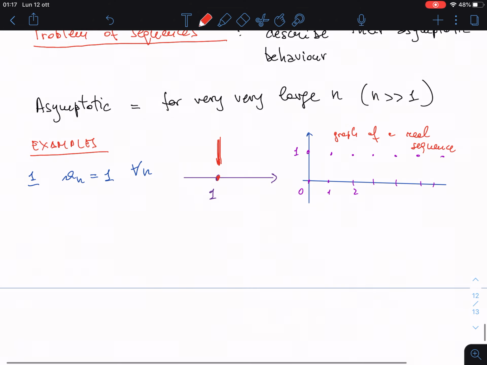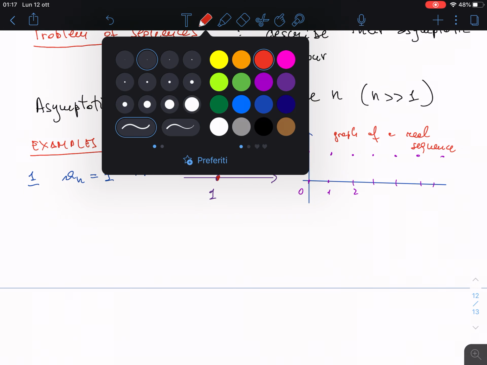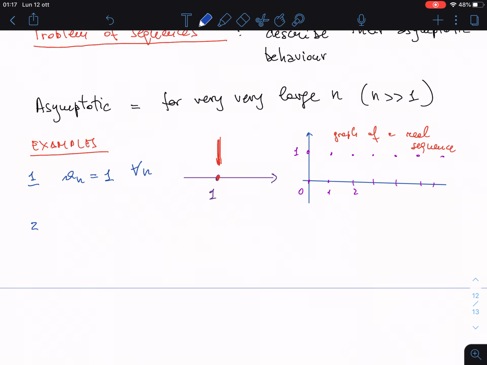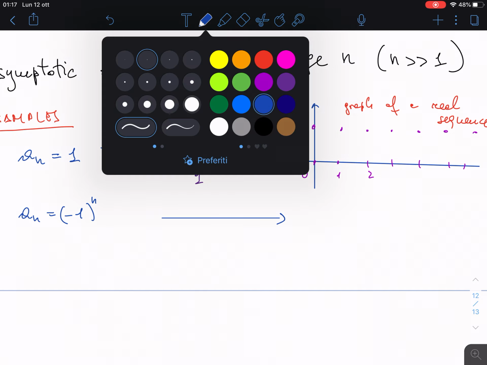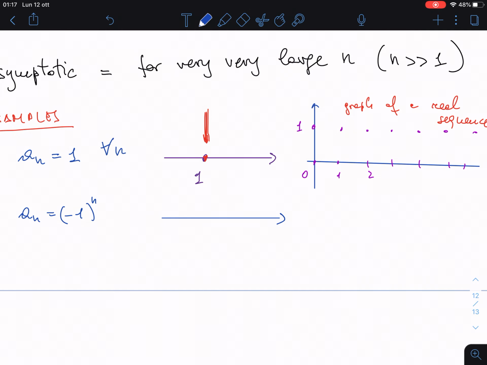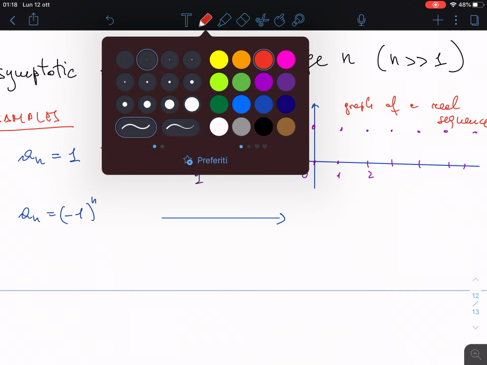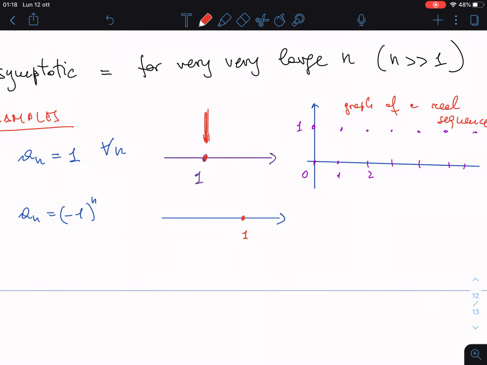Second example, that will be very useful in order to construct examples and counterexamples: a_n is equal to (-1)^n. Again, n is a natural number, and what you have here is the following. a_0 is equal to (-1)^0, which is 1. a_1 is (-1)^1, which is -1.